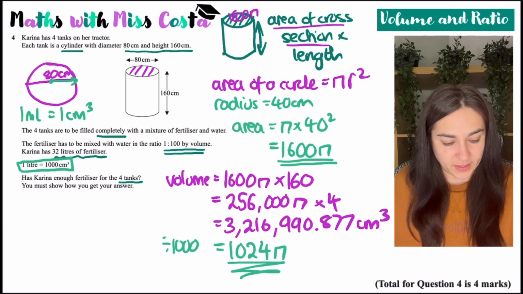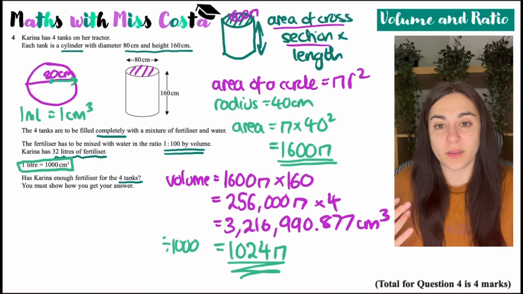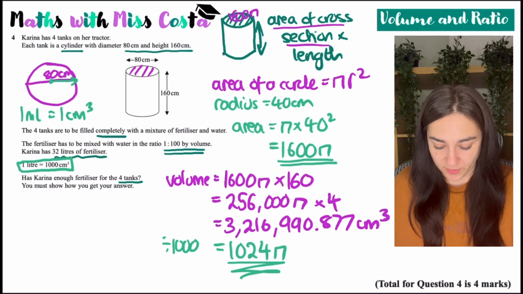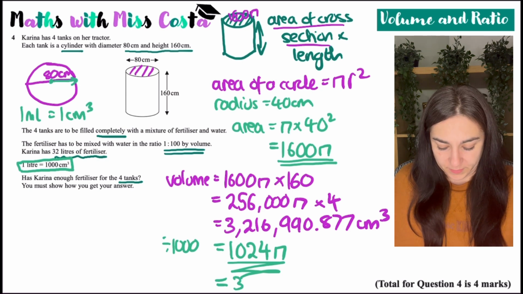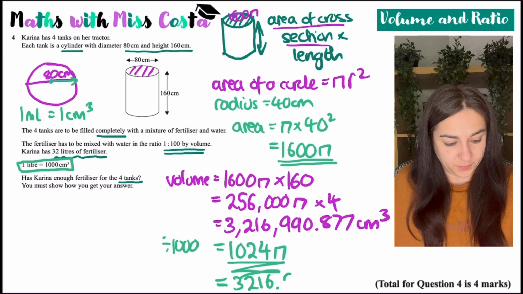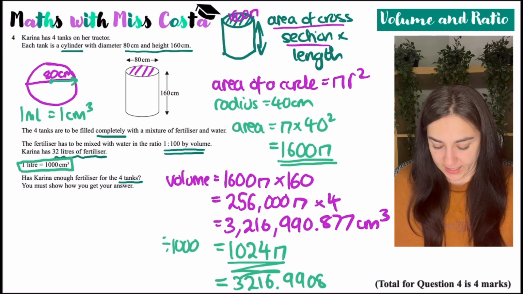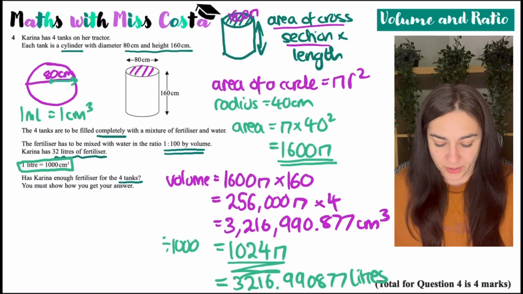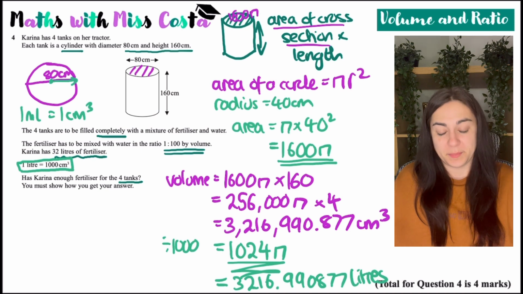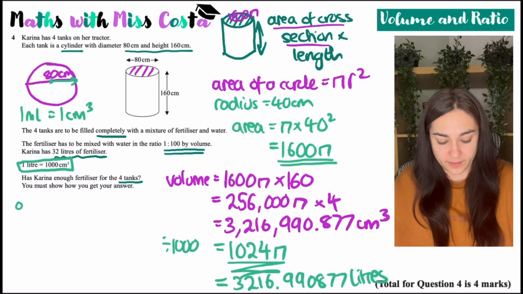So I know that the total volume of all 4 cylinders is 1,024 pi. I could convert it into decimals if that makes life easier for you. So that would be 3,216.990,877 litres.